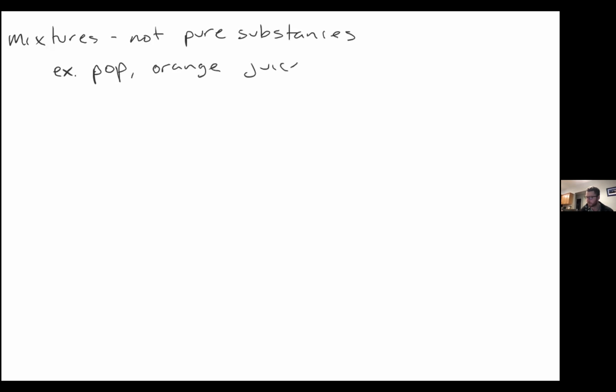So for mixtures, these are just going to be like not pure substances essentially. So for example, like pop or orange juice or coffee. Okay, those are mixtures, not pure substances.